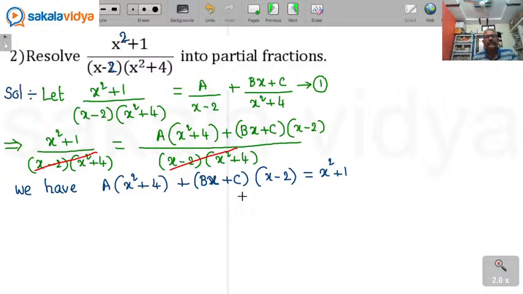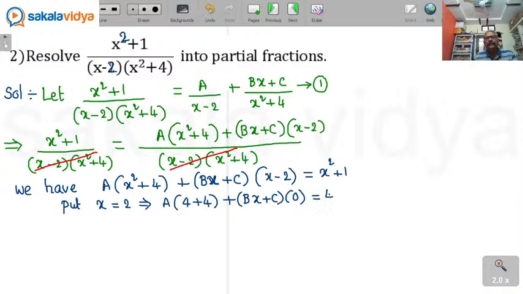Now substitution. What is the substitution? Instead of x minus 2, put 0. So put x equal to 2, meaning x minus 2 is equal to 0. That implies we get A times 2 square plus 4, plus Bx plus C times x minus 2, which is 0, equal to 2 square is 4, plus 1.